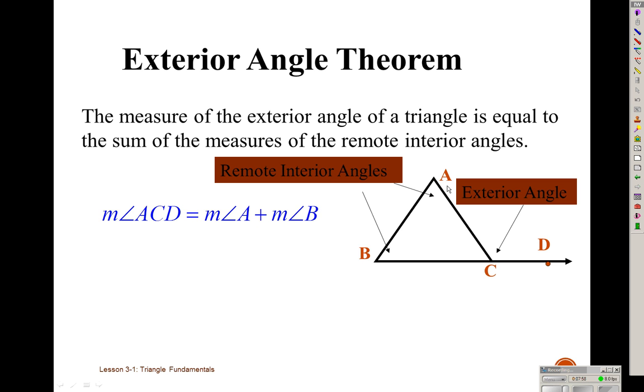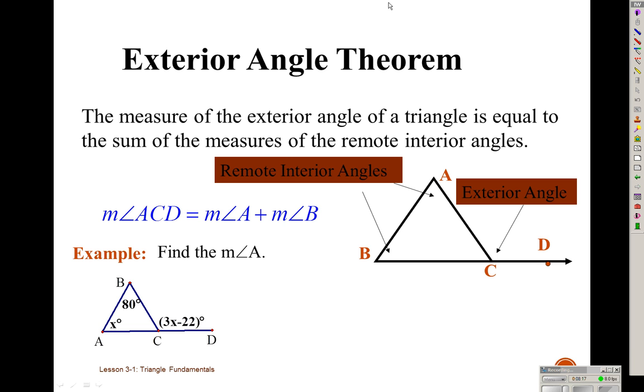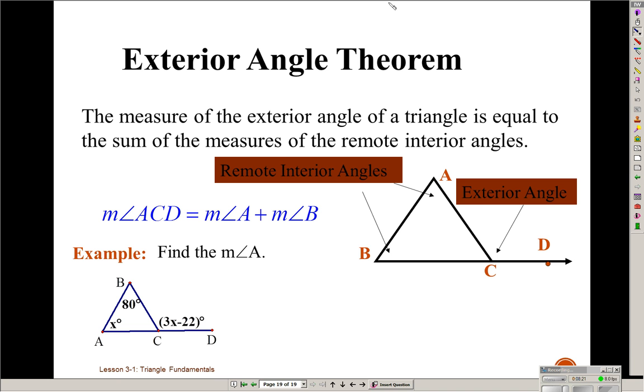So the measure of angle ACD equals the measure of angle A plus the measure of angle B. And you can make equations substituting in and solving. So for example, if I have this and I'm looking for the measure of angle A, 3x minus 22 degrees is the exterior angle. 80 degrees and x degrees are the remote interiors.